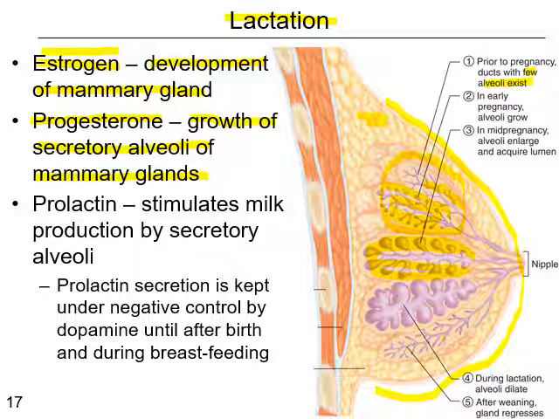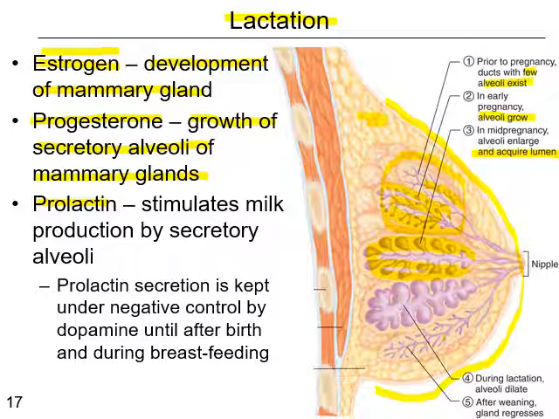During pregnancy, the alveoli grow and develop, and they develop a lumen, that is to say, a fluid-filled compartment, which is where milk is going to be secreted and stored. The production of milk by the now well-developed secretory alveoli of the mammary gland is triggered by prolactin. You will recall that prior to this, prolactin was under negative control of dopamine from the hypothalamus.